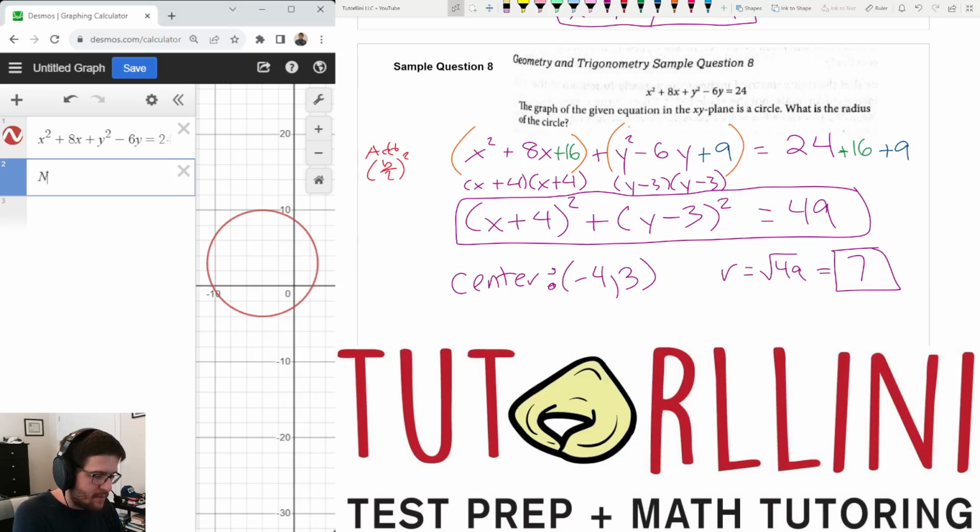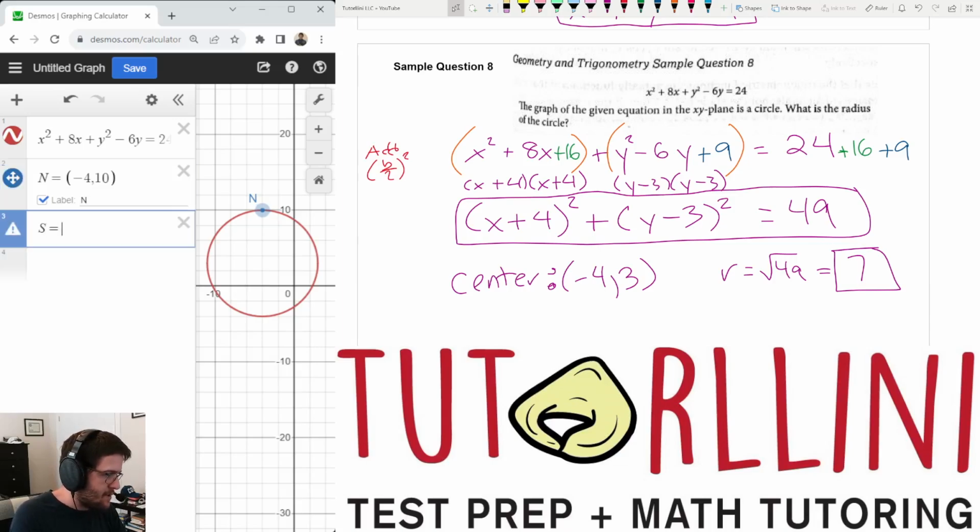North equals -4, 10, and I'll label it N. And then the south one is -4, -4. We'll label that with an S.